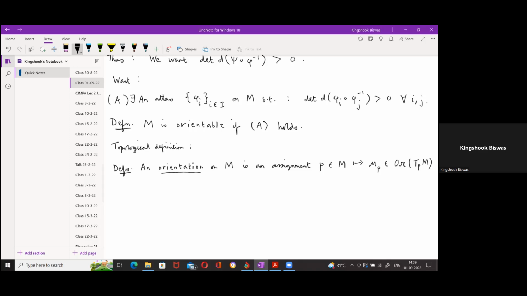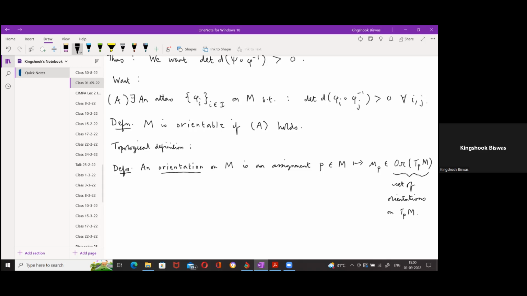So this OR of T_P M, this is the set of orientations on the vector space T_P M. Remember, we defined what is an orientation of a finite dimensional vector space. It was an equivalence class of ordered bases, right?